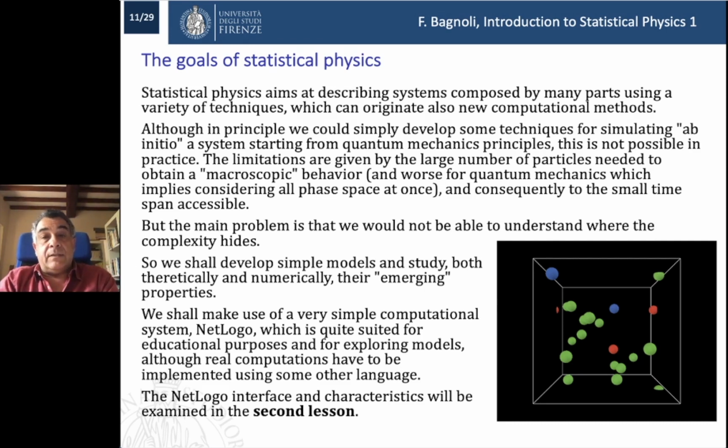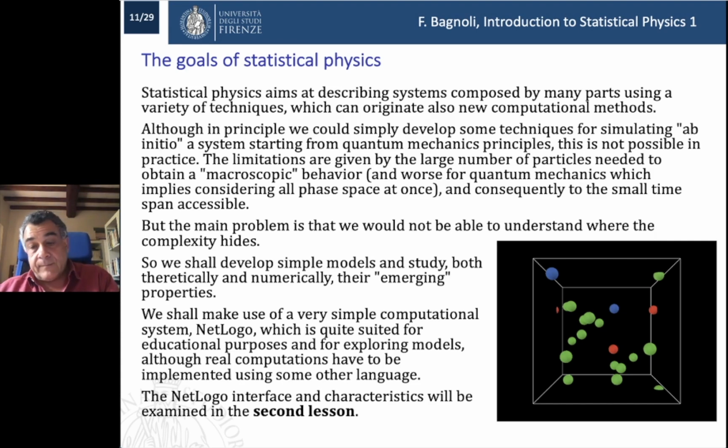But we also shall investigate systems composed by classical particles, which are appropriate when, say, atoms or molecules are large enough and for temperatures that are large enough with respect to the absolute zero. And we shall also develop concepts like phase space and clearly the role of time.